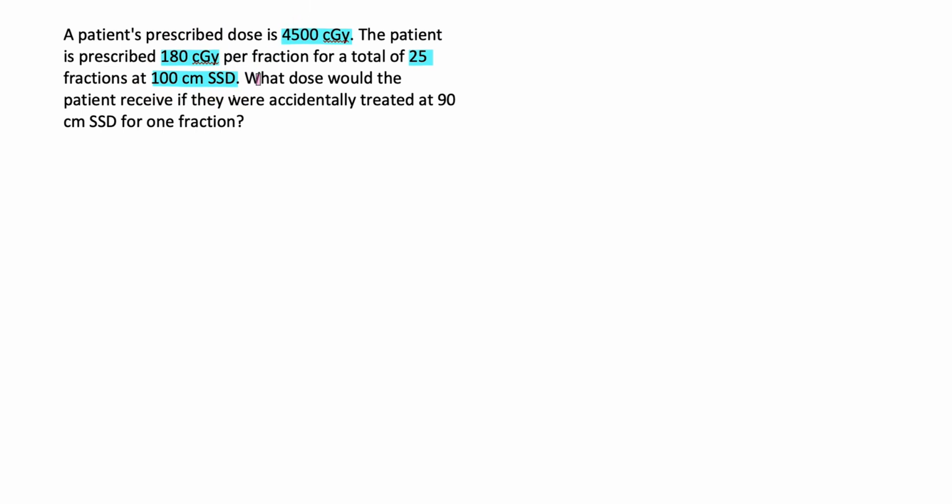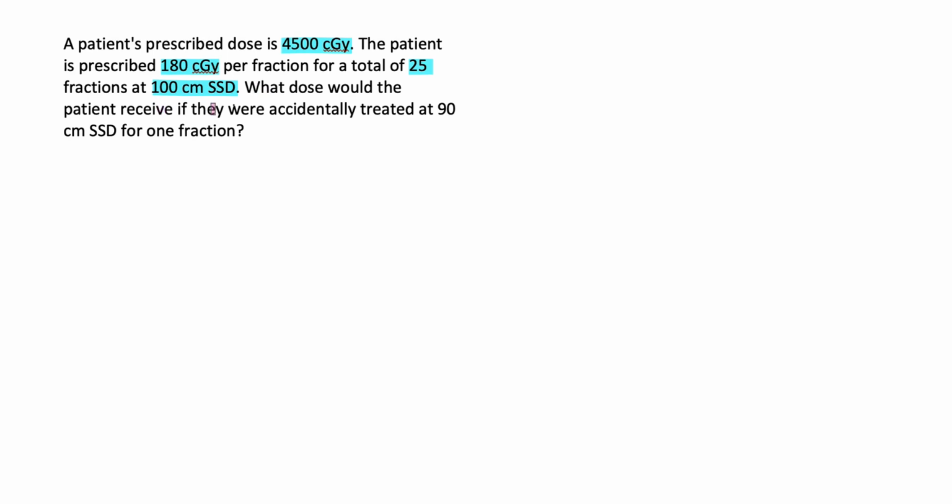Now, the key words here are accidentally treated. That means there was a dose error or an error in setup. The error was that the patient was treated at the wrong SSD, 90 cm SSD instead of 100, which was the prescribed distance.